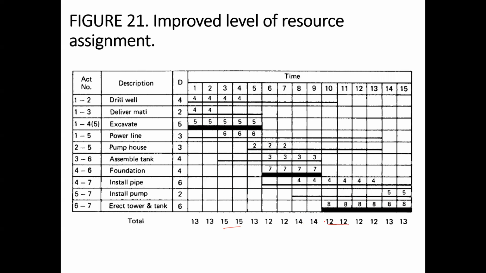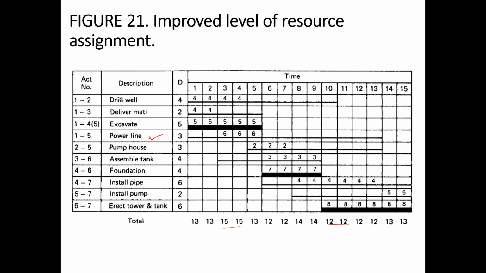So there is very little fluctuation, okay? And the resource requirement is much more even. Okay, so how has it been done over here? If you compare it with the previous schedule, you can see that there was a change in this power line.